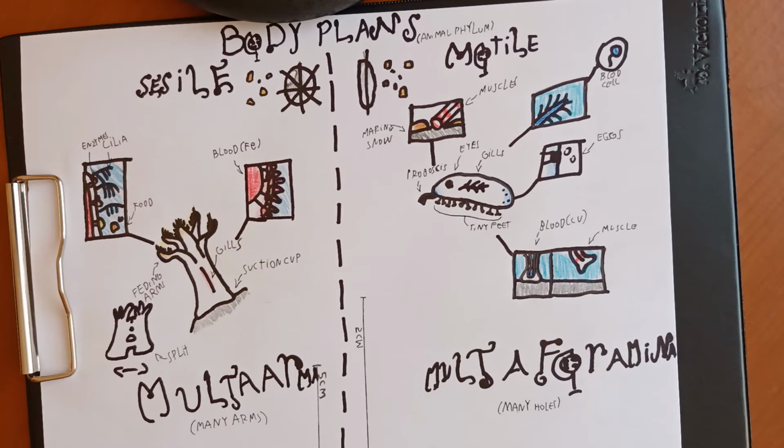Broadcast spawning is a method that corals use for reproduction, where eggs and male gametes go into the water and fertilize outside. So this clade will have outside fertilization.